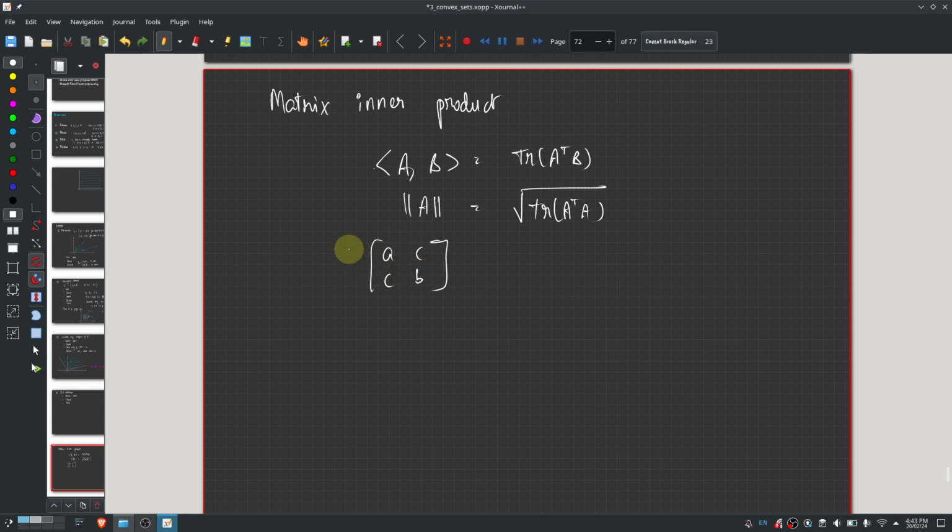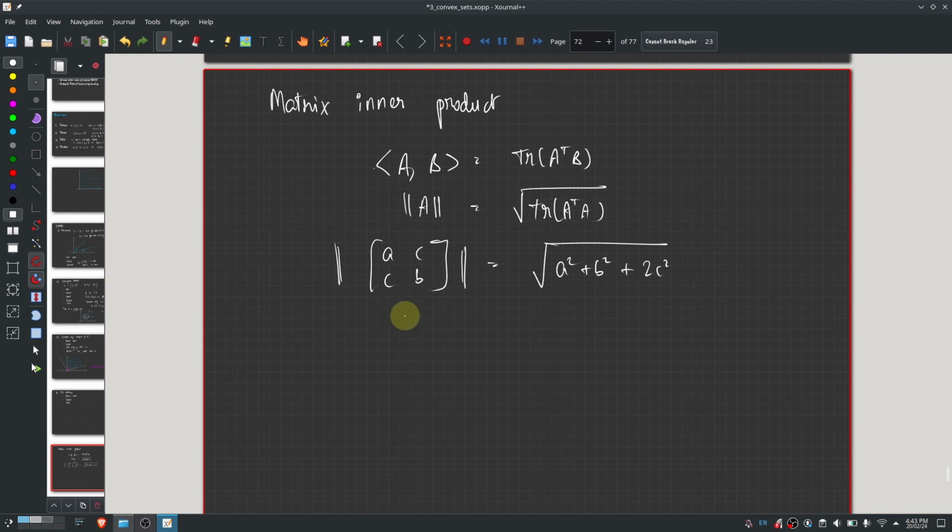We can think of this also equivalently as a vector of length 3, A, B, and C, correct? So what would the norm of this be equal to? The square root of A square plus B square plus 2 times C square.